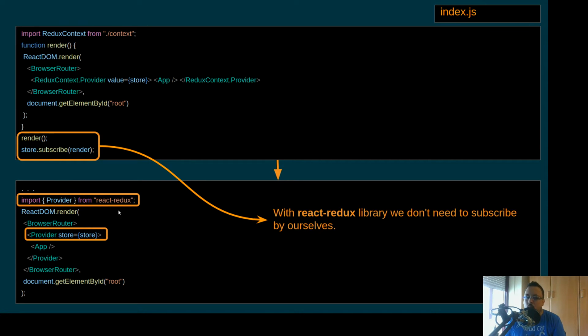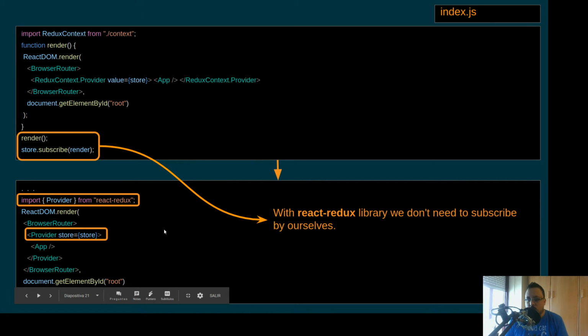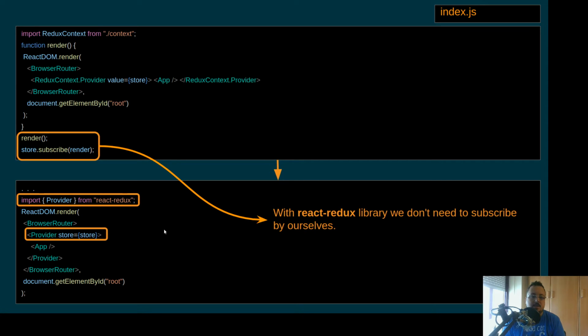Now we import the provider from React-Redux, and the only thing we have to change is of course the name. Now it's Provider, and instead of value equal store, we just pass store equal store. Okay, that's how it works in Redux. We can delete the context folder. We can't remove that import, and now everything works.